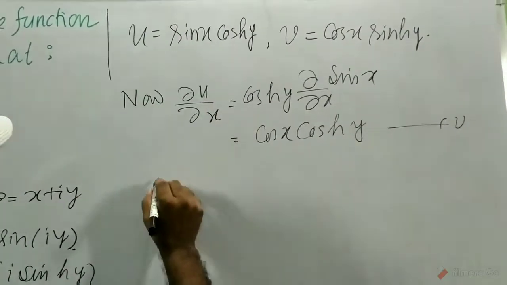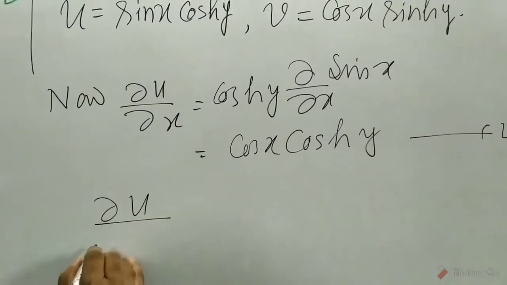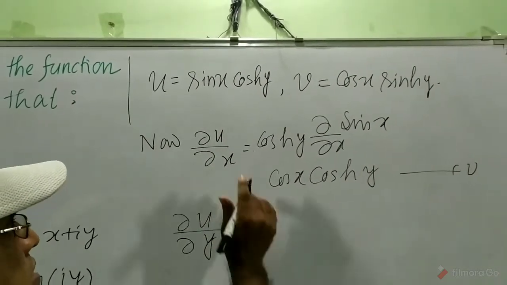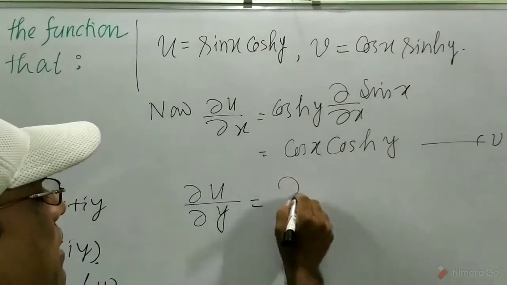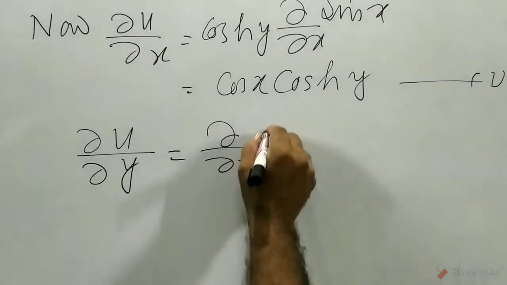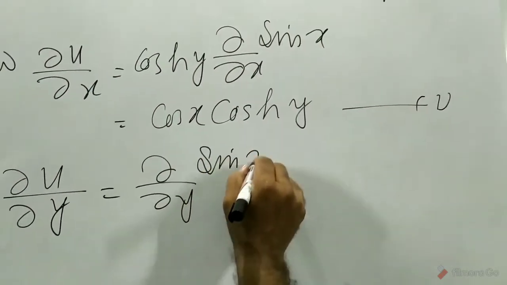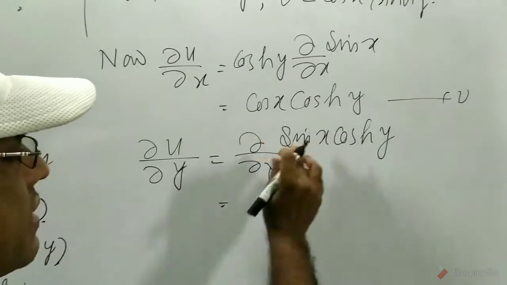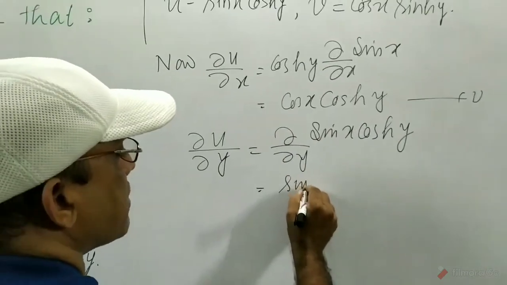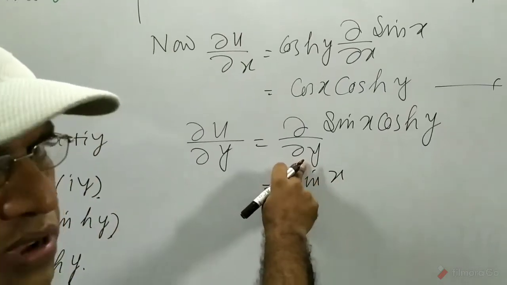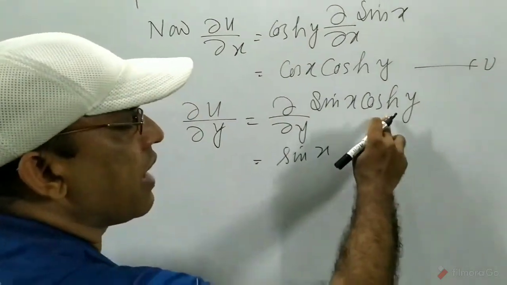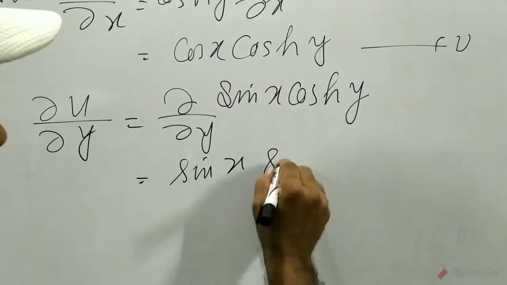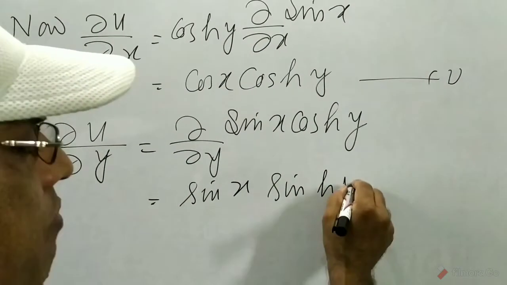Again we differentiate u partially with respect to y. Sin x is constant because we differentiate with respect to y, and the derivative of cos hyperbolic y is sin hyperbolic y.